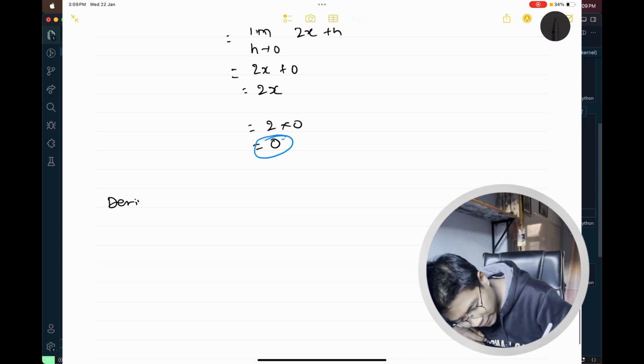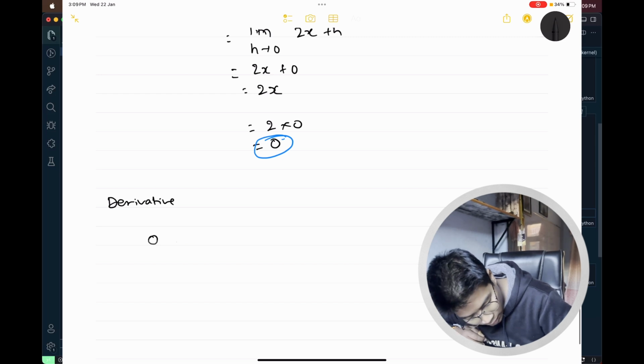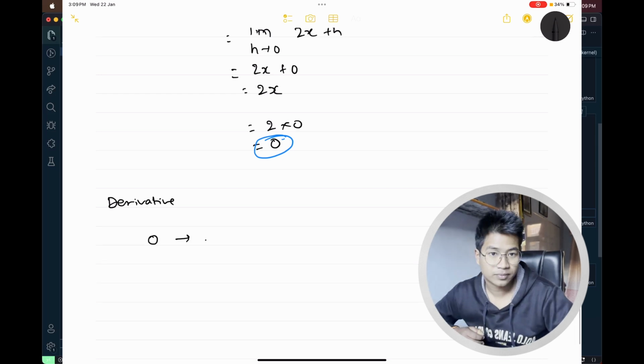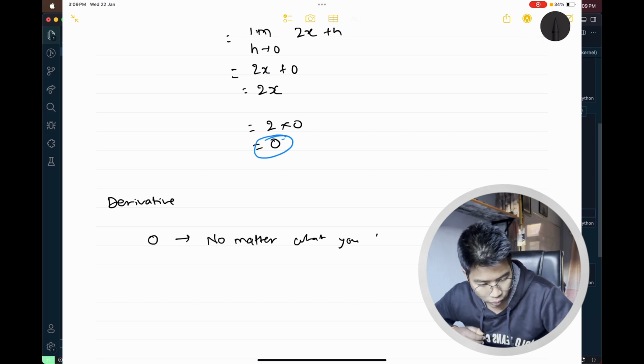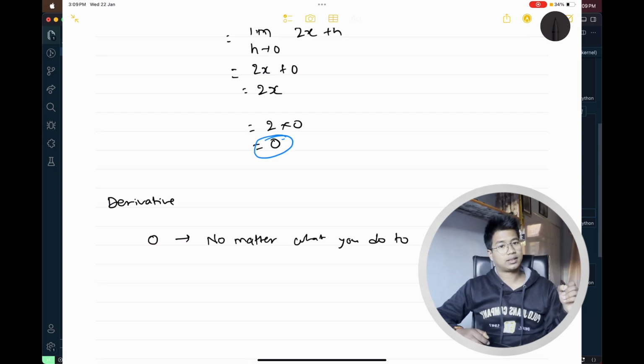So derivative being 0 means that no matter what you do to your x, y will increase, okay?